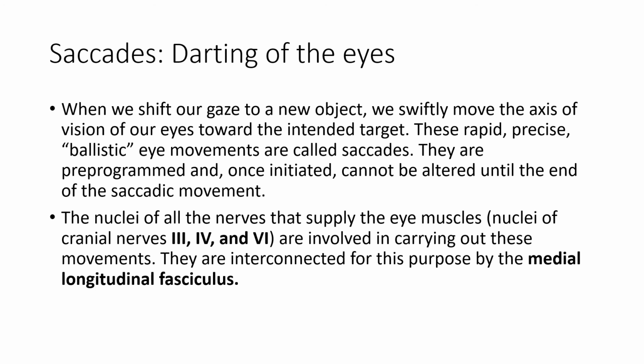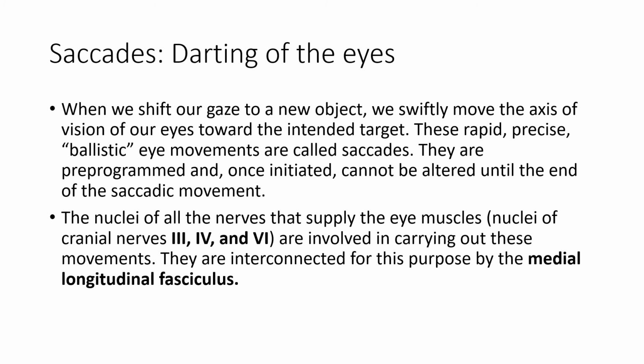This ballistic movement, saccades, is pre-programmed and once initiated cannot be altered until the end of that saccadic movement. So normally nystagmus is going to be seen as more pathological, but we do have OPK or optokinetic nystagmus that is normal as well.